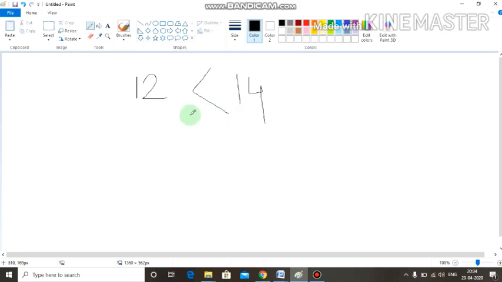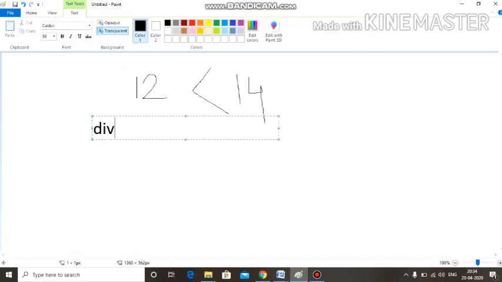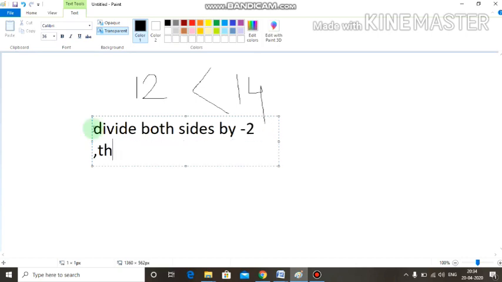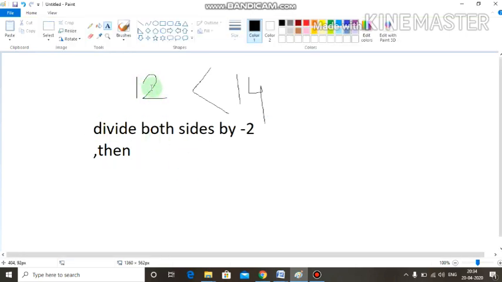Now if we divide both sides by minus 2, then this side will be 12 by minus 2, which means minus 6, and 14 by minus 2 means minus 7.